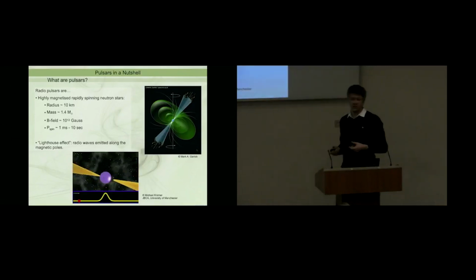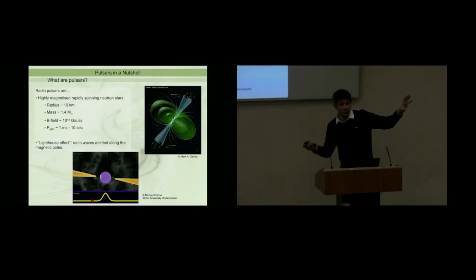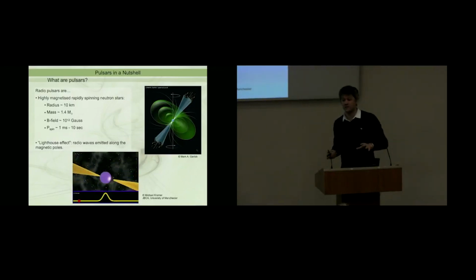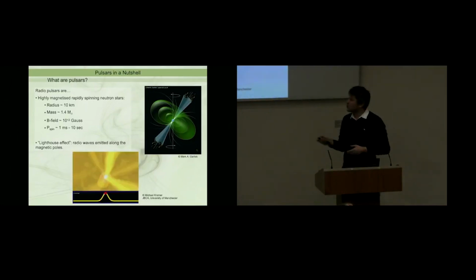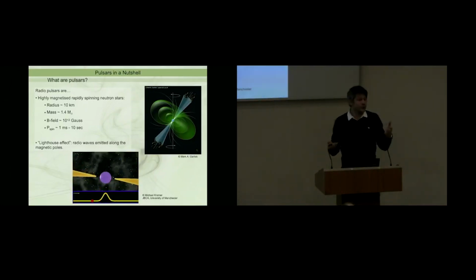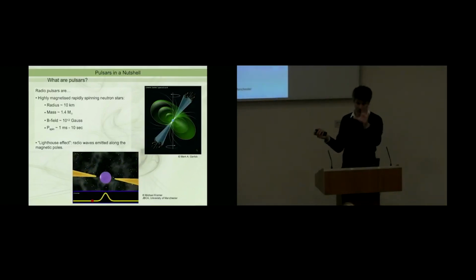And so just like a lighthouse by the seaside, you will see the pulsar being bright only when that cone sweeps across your line of sight, which then makes it blink every rotation that the star is making. And so the name came after what's been observed, pulsar for pulsating star, as they are known. And so this is what you typically observe for these objects, just a little blink.